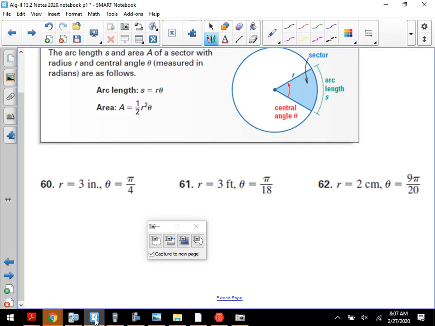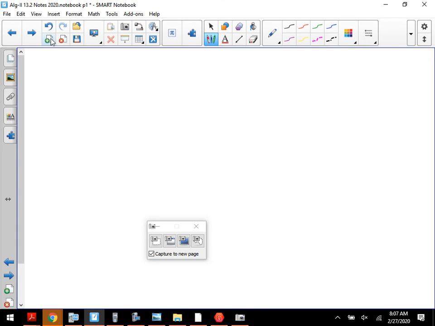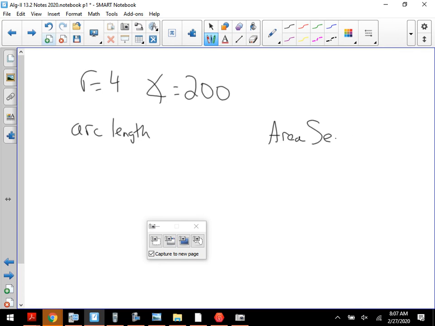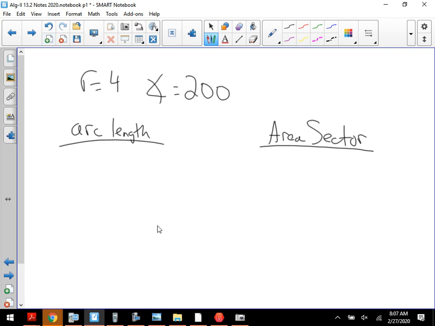The radius is 4, the angle is 200. We're going to do both the arc length and then the area of the sector.